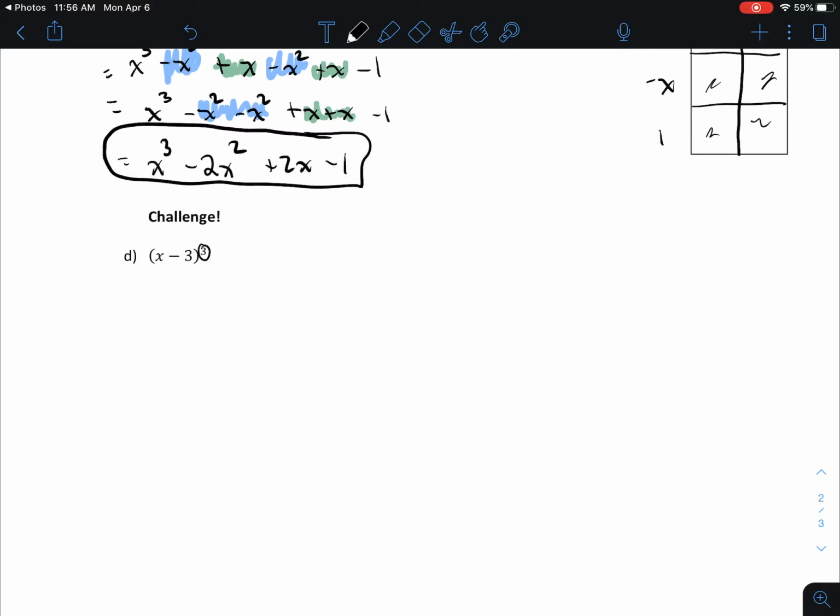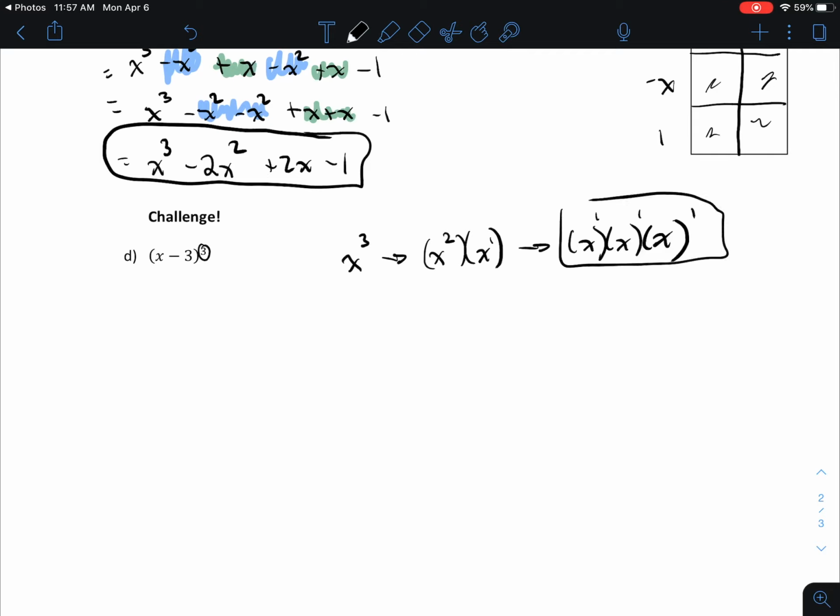Let's take a look at what this thing actually means. So this is an exponent, and if I wrote something like this, you should be able to say that that is the same thing as this. It's also equal to this, right? 3 x's multiplied together with an exponent of 1, right? Okay, so if I take this idea and apply it to this situation, then I could rewrite this.